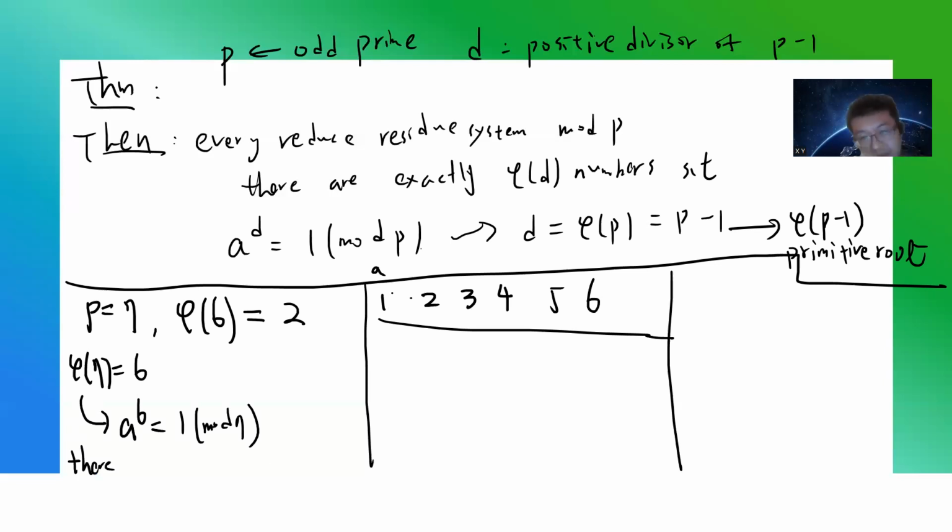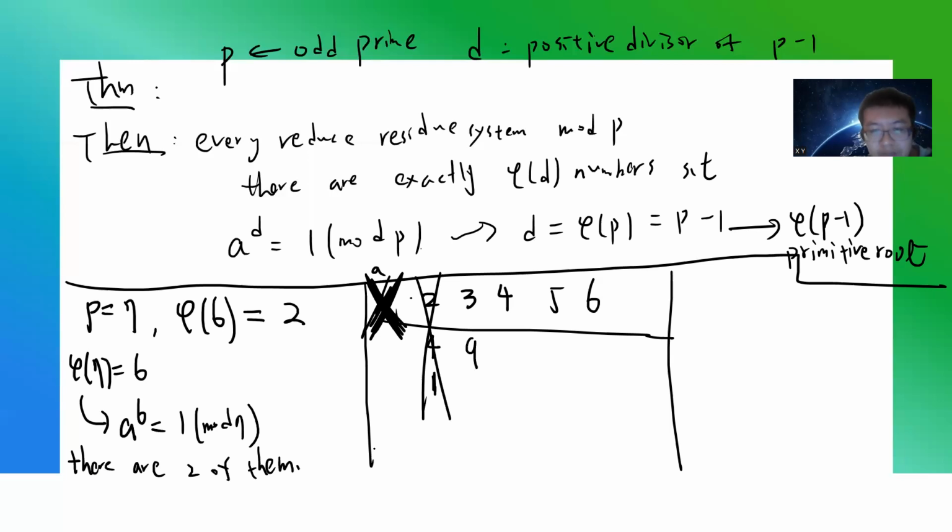Definitely 1 is not correct. How about 2? 2, 4, 8: 2 to the 3 is already 1, so 2 is not a primitive root.